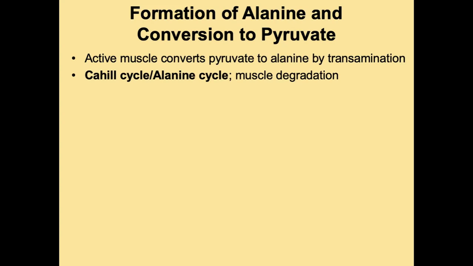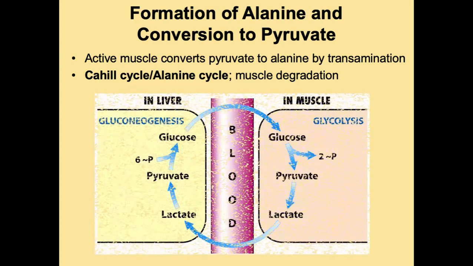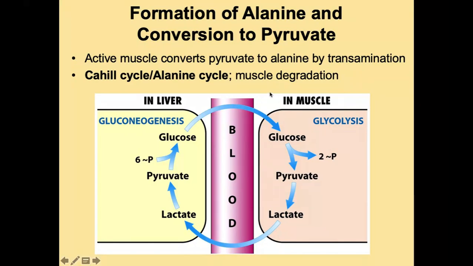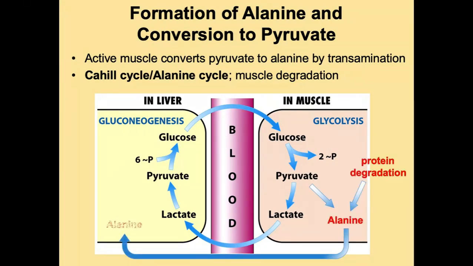Active muscle also converts pyruvate to alanine by a transamination reaction, and this is called the Cahill cycle or alanine cycle, and this occurs when your muscles are being degraded. Here we have the Cori cycle, but when we get protein degradation, we get production of alanine.